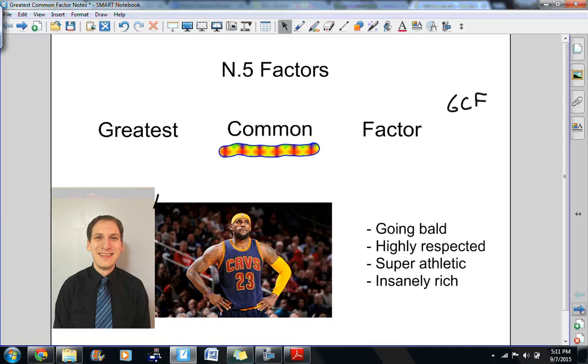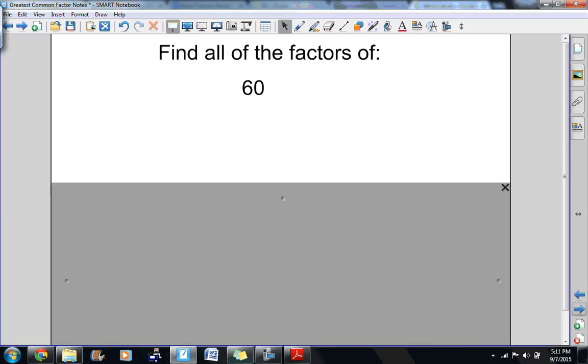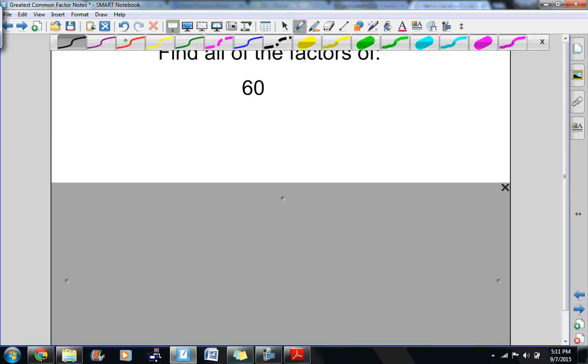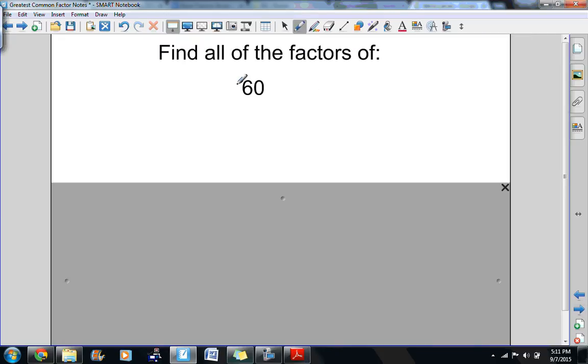Before we can get to greatest common factor, I want us to just work on finding all of the factors of a number. When we're trying to find all of the factors of a number, that means every number that can divide evenly into 60. And I like to make them as pairs.